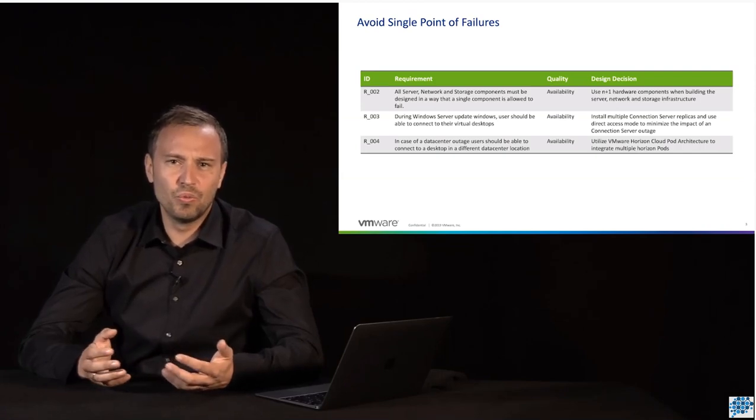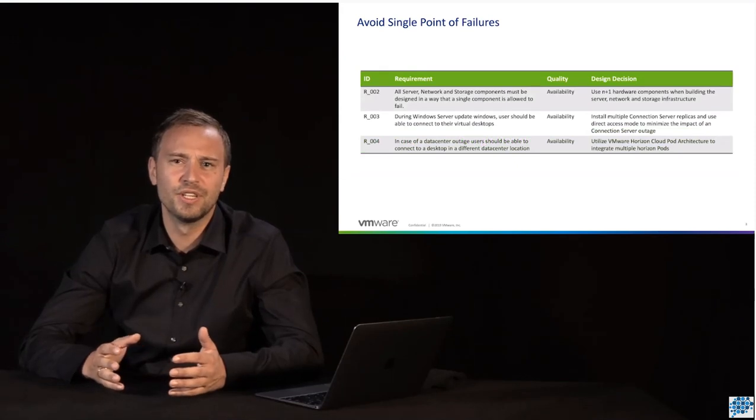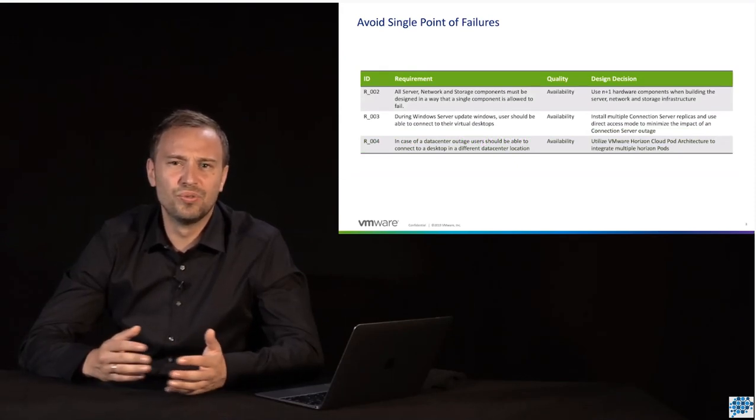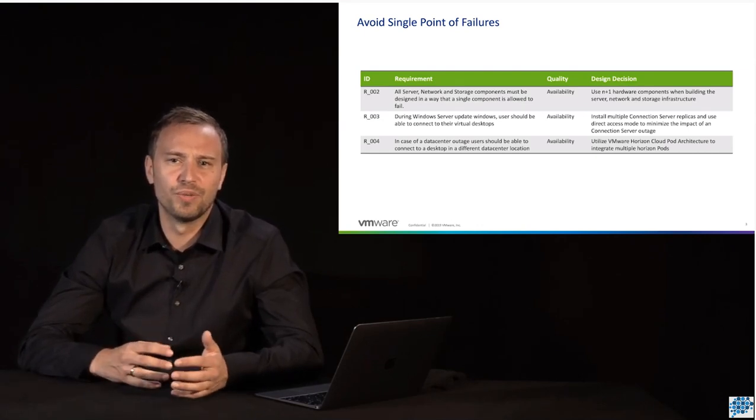When we want to still be operational during maintenance windows, we have several options. One of them is, for sure, to install our connection service in a replica mode. So we have multiple connection servers where we can do a failover, and make sure that no session is connected over a connection server before we do the maintenance mode.